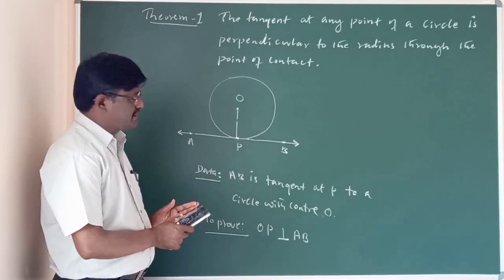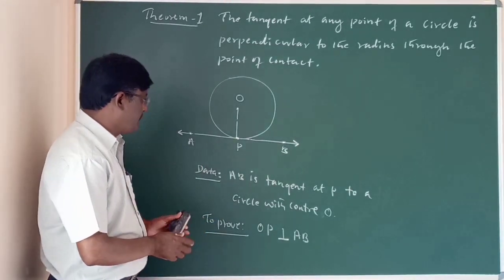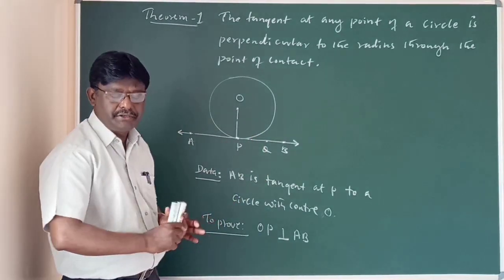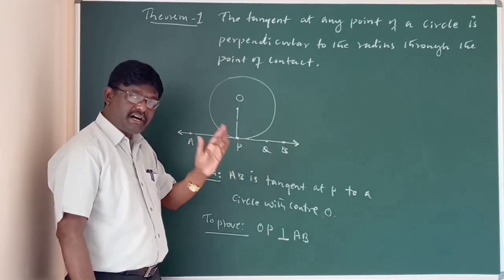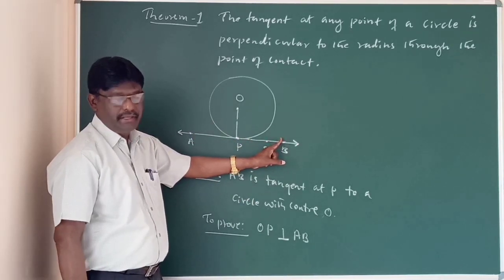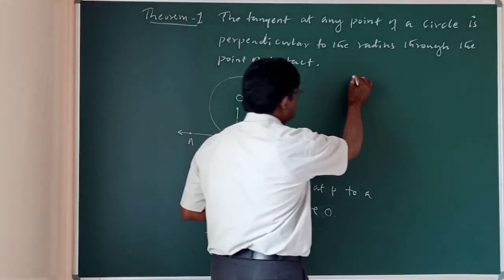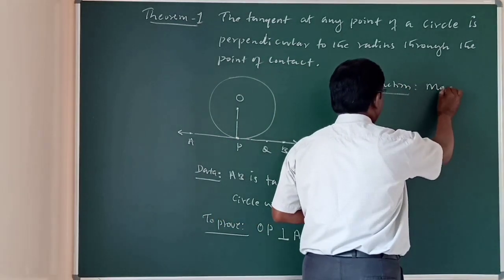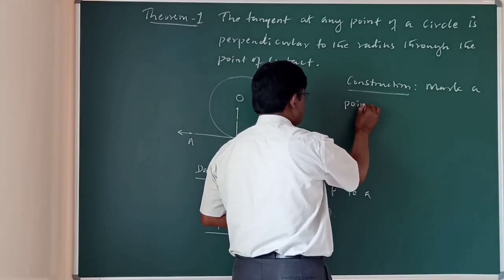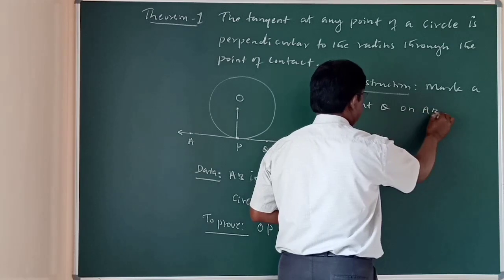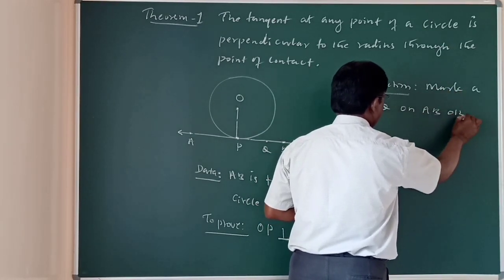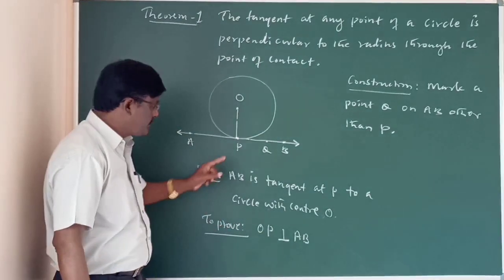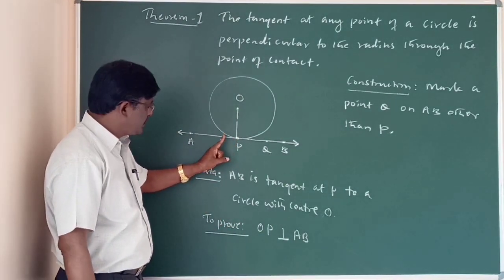Here we need some construction to have the logical steps. Let us mark any point Q. What is the speciality of Q? Q is a point other than P on AB. Construction: mark a point Q on AB other than P, because P is a common point, on the circle as well as on AB.